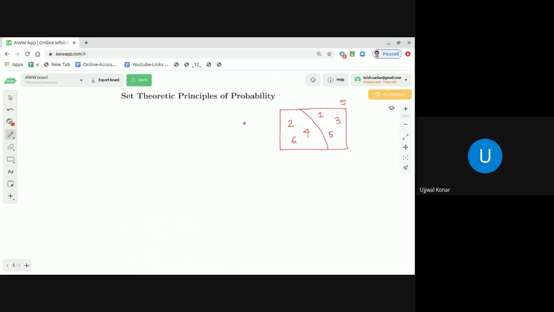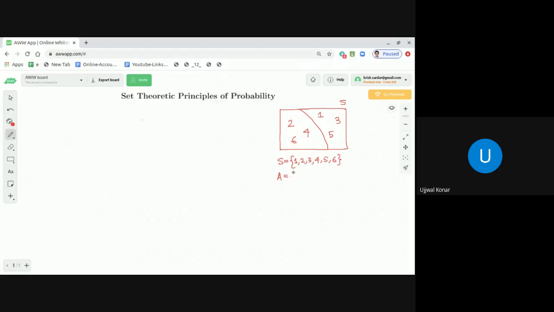So, dear students, the entire set S is 1, 2, 3, 4, 5, 6. And the set A is nothing but the representation of the event A. What is our event A? Event A is getting an even face.